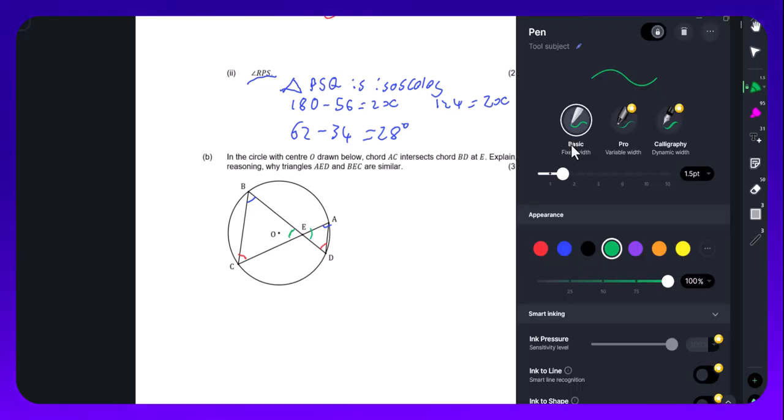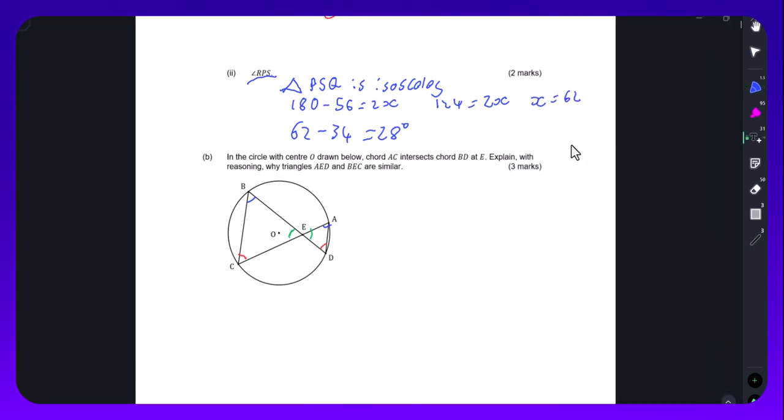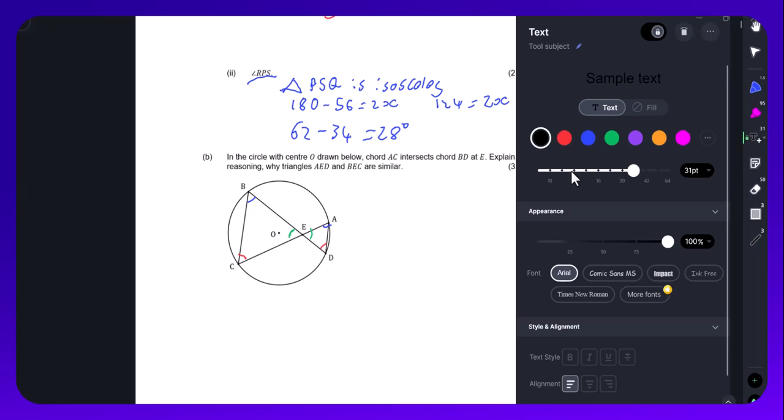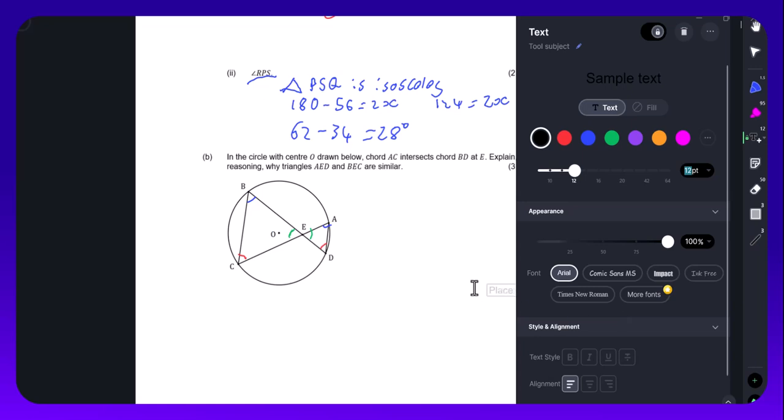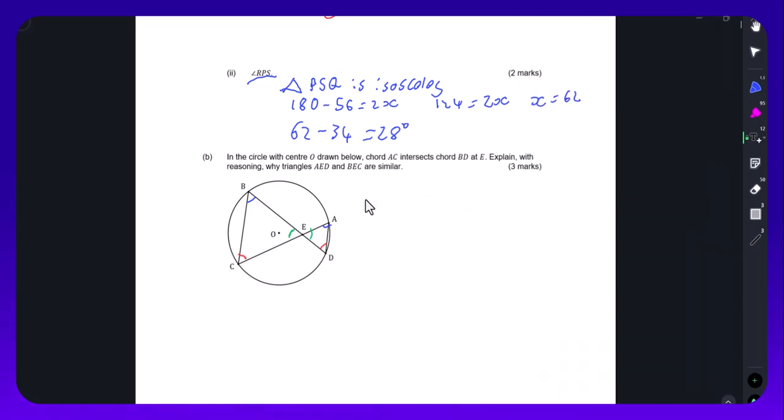But I could write something down as to which ones are the same. I'll make that a lot smaller, and then if I just type it in, I think it'll be a little bit easier. I'm just going to write the word angle.